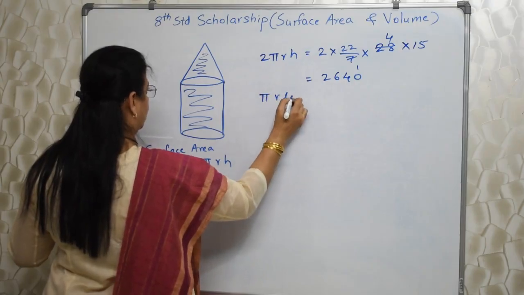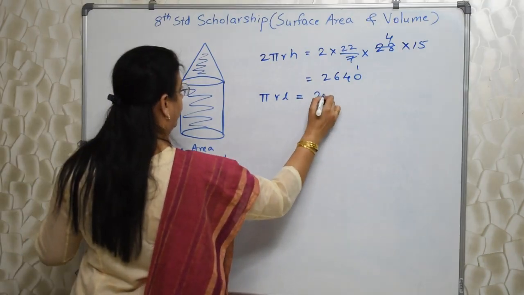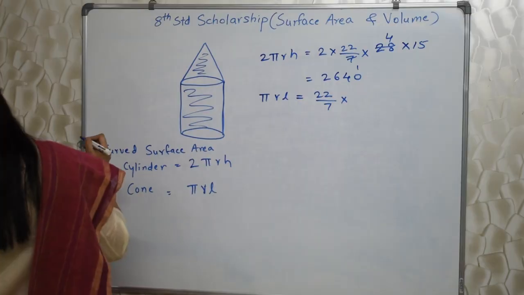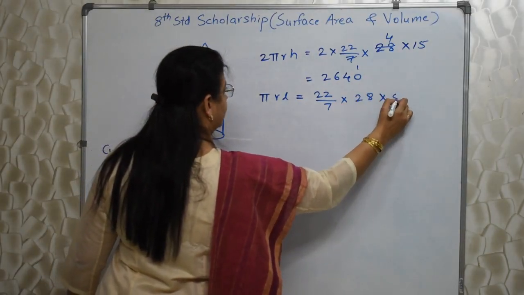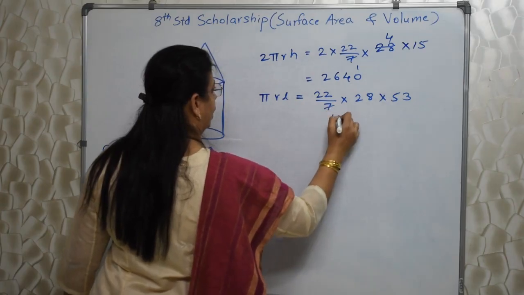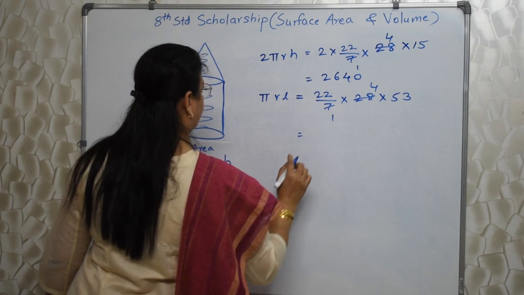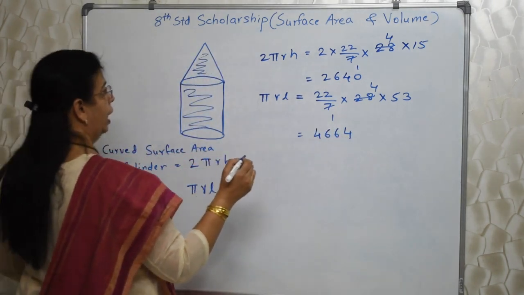Right? Now let's find out for this conical part of the tent how much canvas will be required. So total curved surface area of a cone, pi r l. So 22 upon 7 into, what is the r given? 28. And slant height is 53. So let's do it. So 22 into 4 into 53, 4664. This is the area.